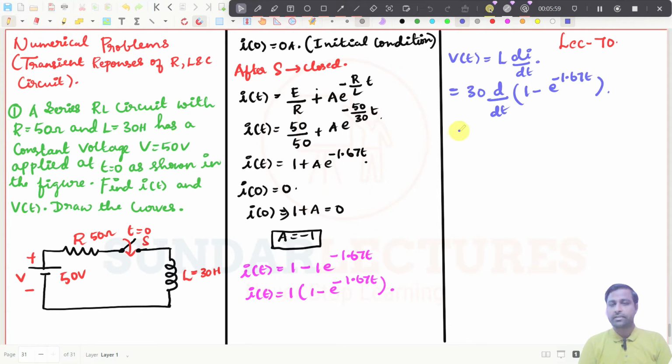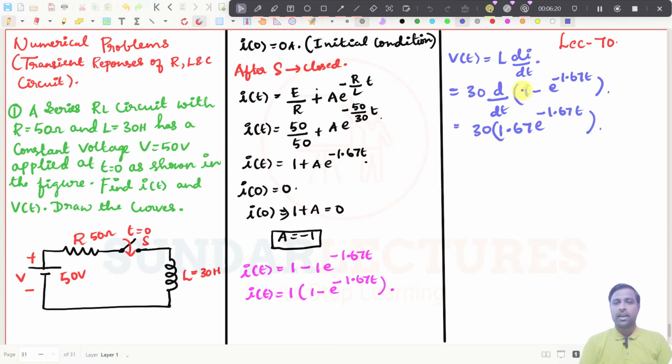I can write like this, and if you simplify this, what will you get? If you differentiate 1, it will be 0, and if you differentiate this one, 1.67 will come down, and it makes it plus 1.67 e power minus 1.67 t.